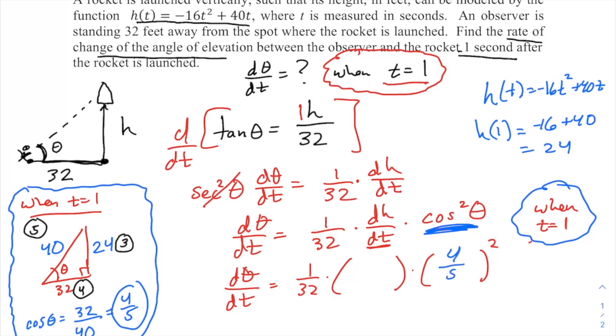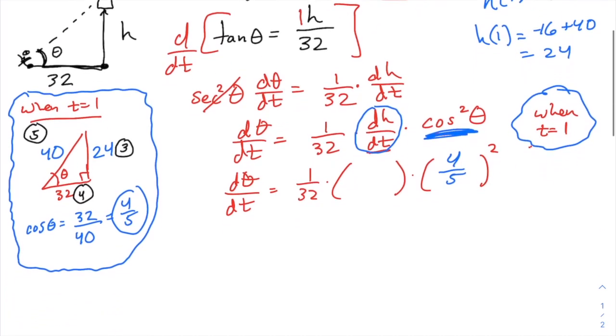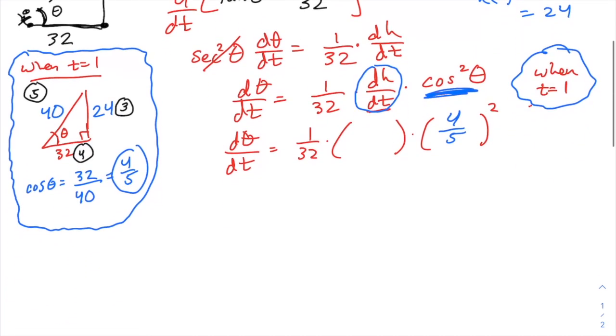So now I know this part, 4/5 squared. The last part you've got to find is this dh dt at 1 second. Well, again, you have a height function. So if you want the derivative at 1 second, take its derivative and plug 1 second in. This is a little bit more involved than certain problems we've dealt with here.